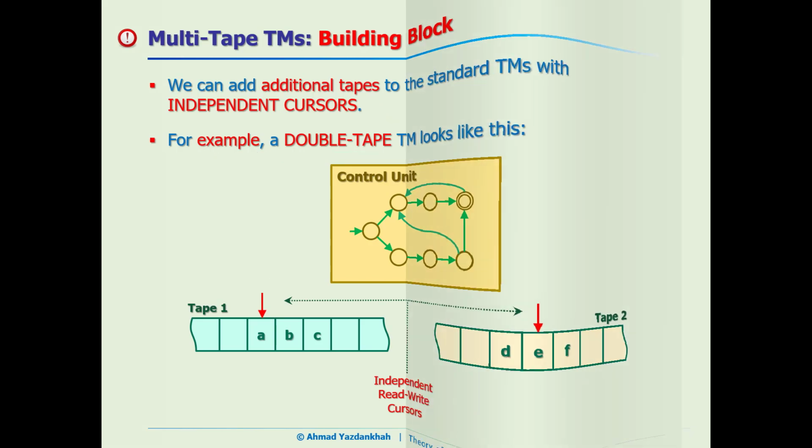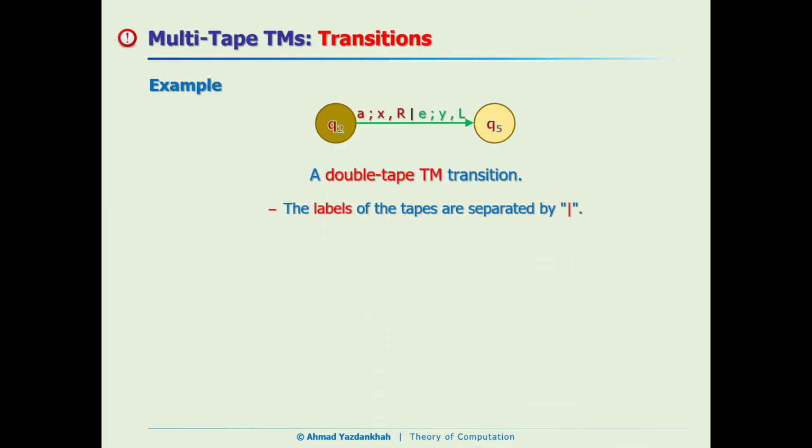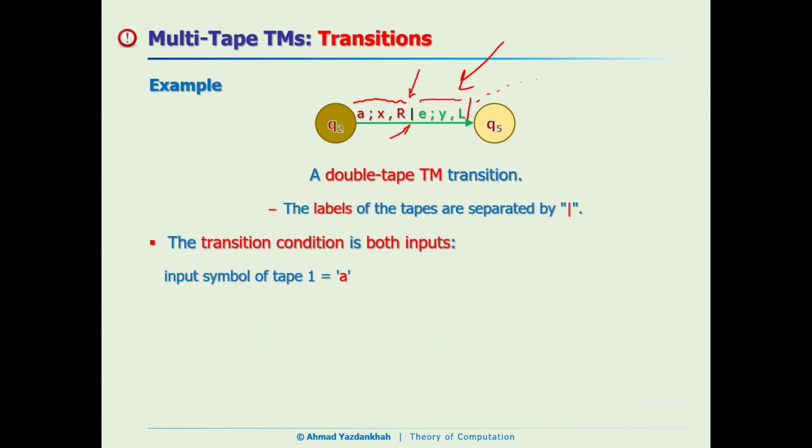Okay, let's see what a subrule looks like. So let's say this is a transition for a double tape. For the double tape, as you see, we need two labels like this that are separated with a vertical bar. If we have more, then we put another vertical bar and put the label here. For the condition for transition, both of the inputs should be satisfied. In that case, the machine goes from Q2 to Q5 and does this stuff.